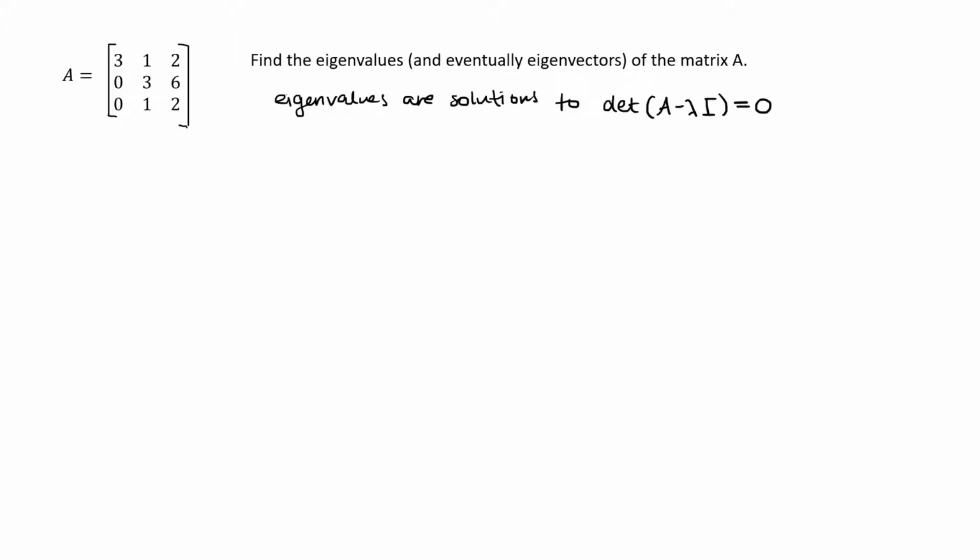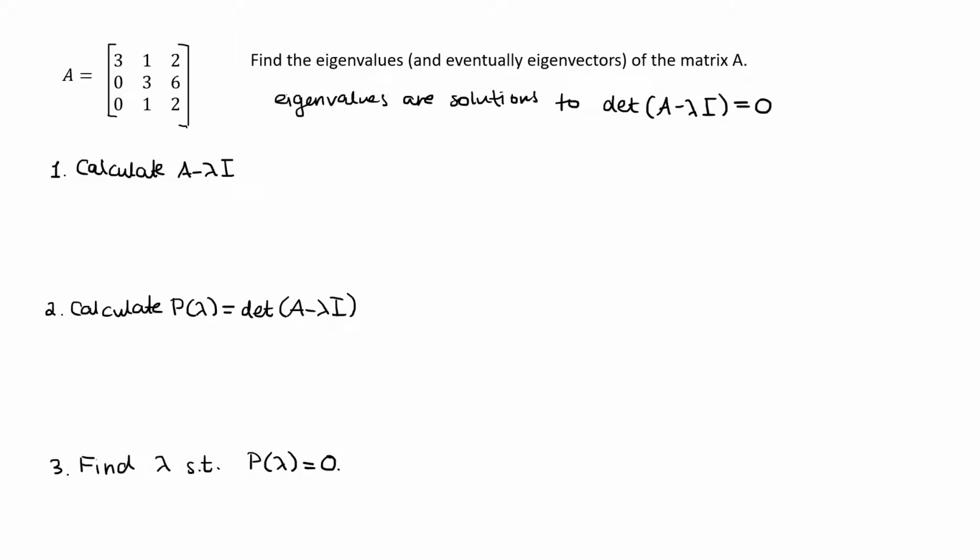So what we're going to do is calculate A minus lambda I. Then we're going to calculate the determinant, and then we will find its roots. Okay, so let's go. First, A minus lambda I, we have A minus lambda times the identity.